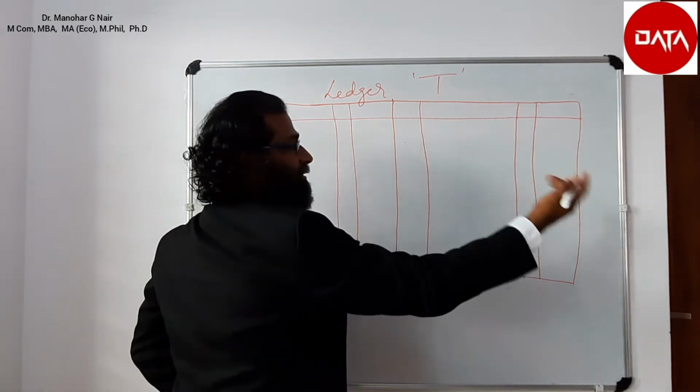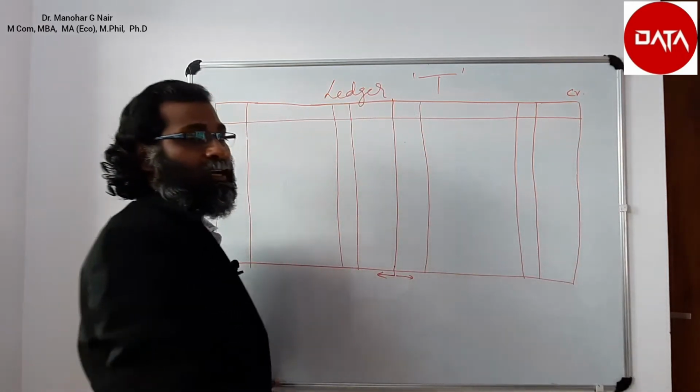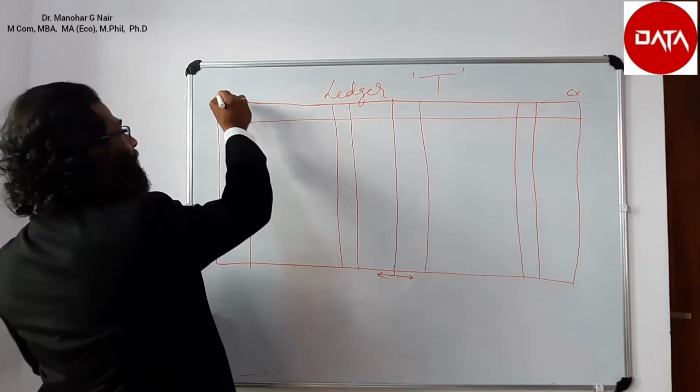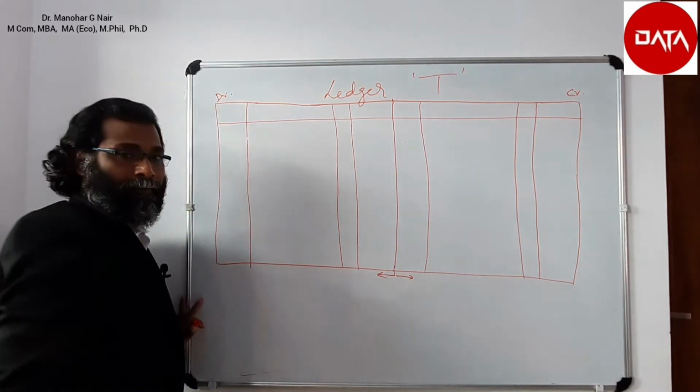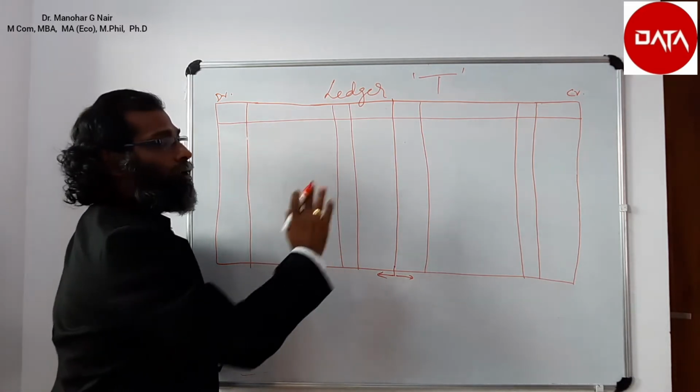The right hand side is said to be the credit side. So we use the abbreviation CR for denoting the credit side, and the left hand side is said to be the debit side. Both sides contain 4 columns each.